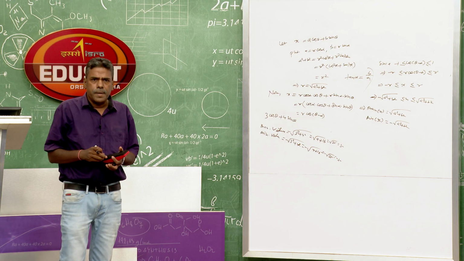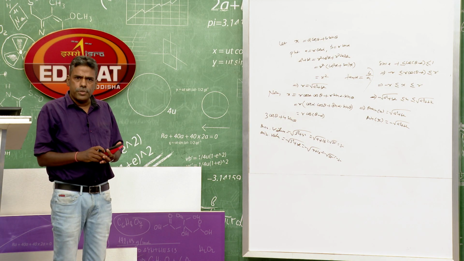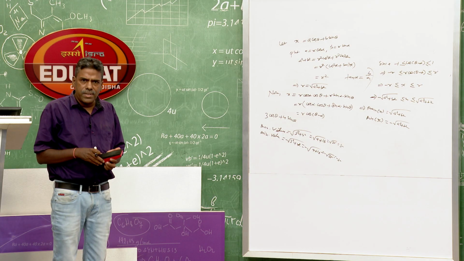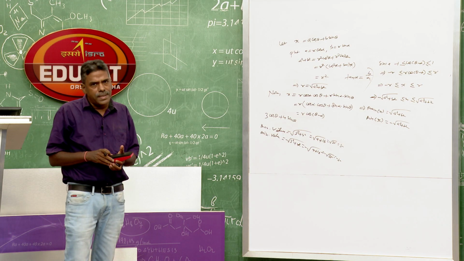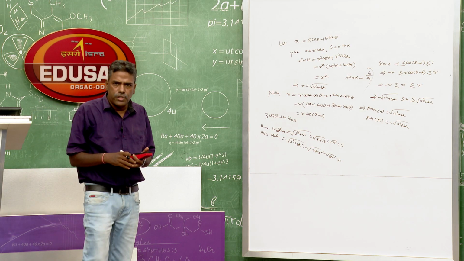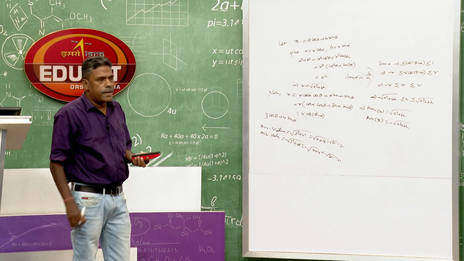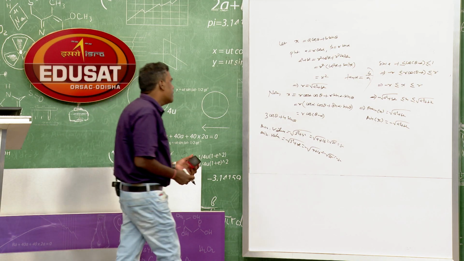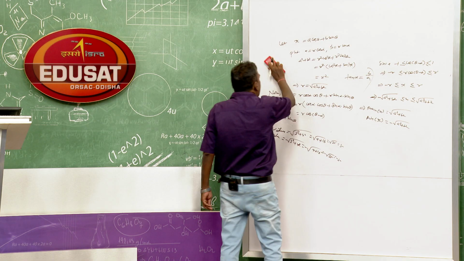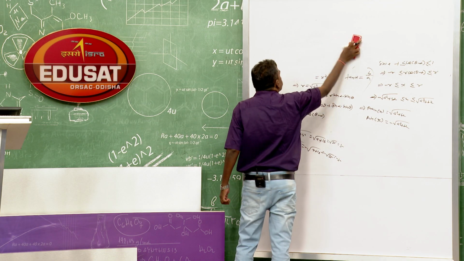Next example: find the value of cos 24 degree plus cos 5 degree plus cos 175 degree plus cos 204 degree plus cos 300 degree.